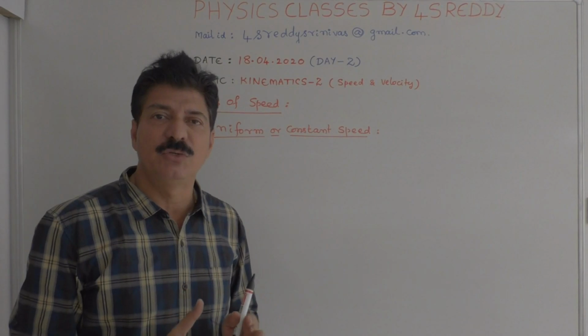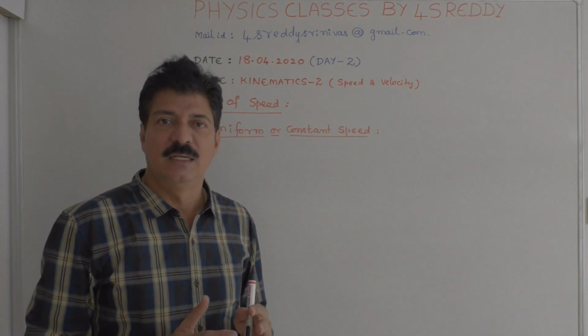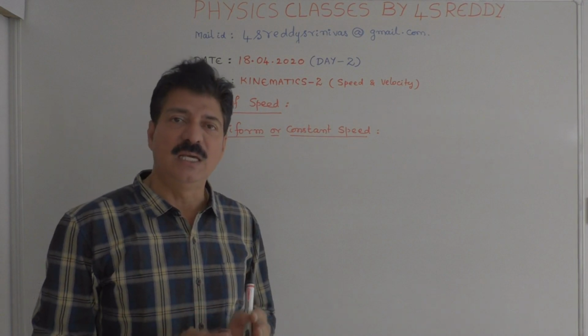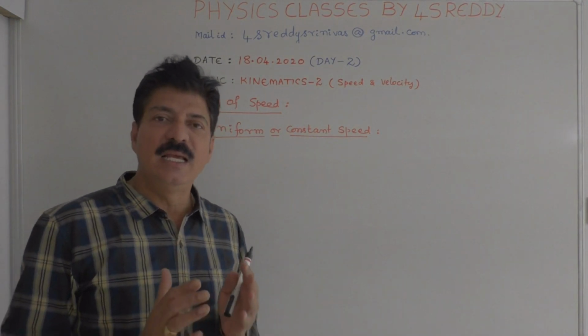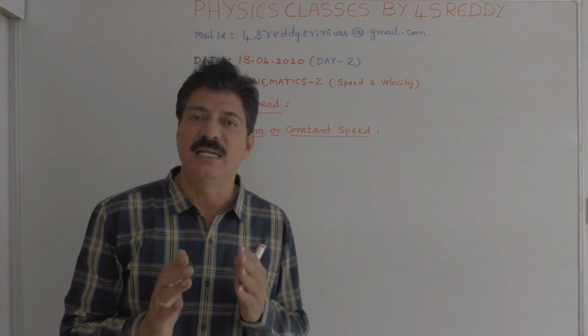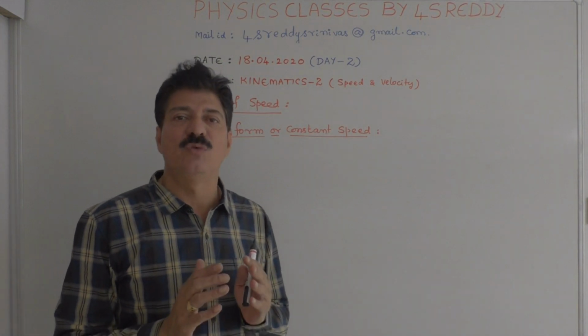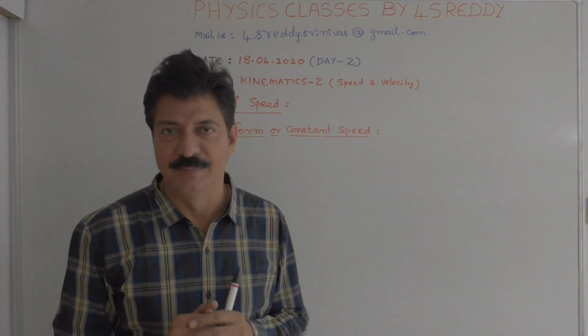What is meant by uniform or constant speed? If a body covers equal distances in equal intervals of time, however small these intervals may be, then the body is said to move with uniform speed.